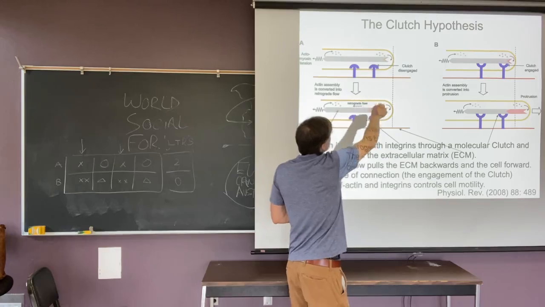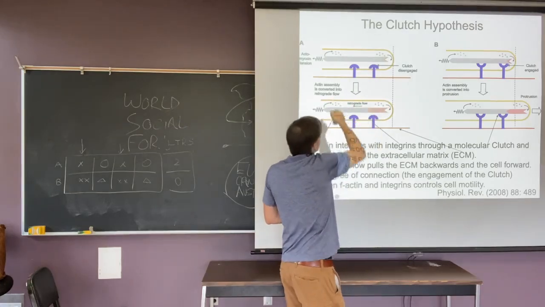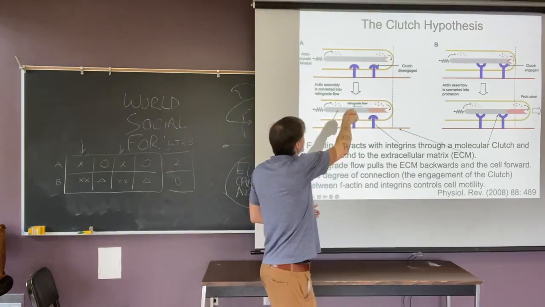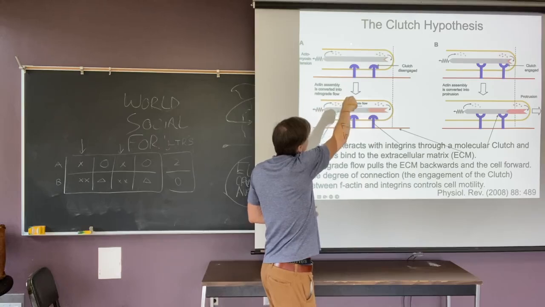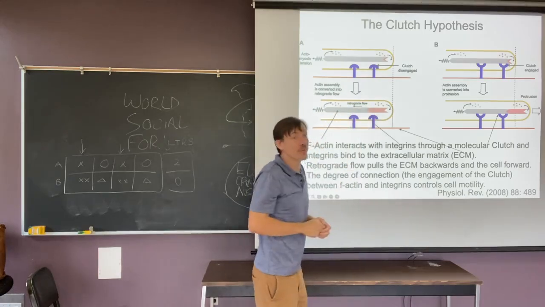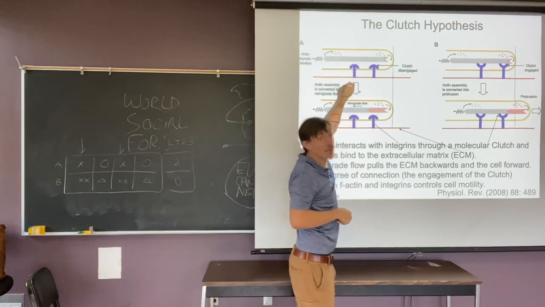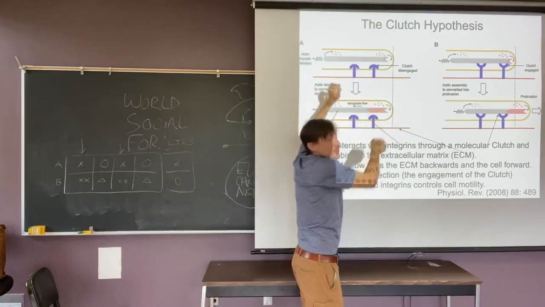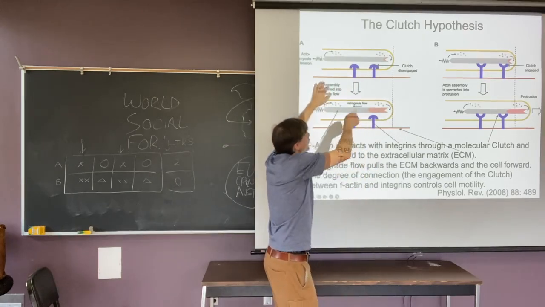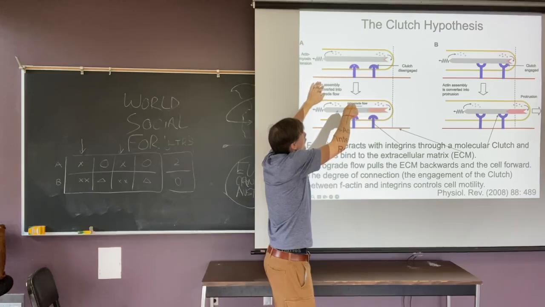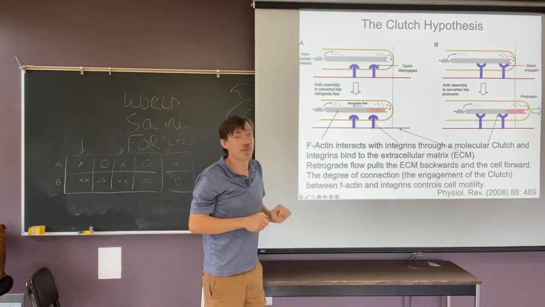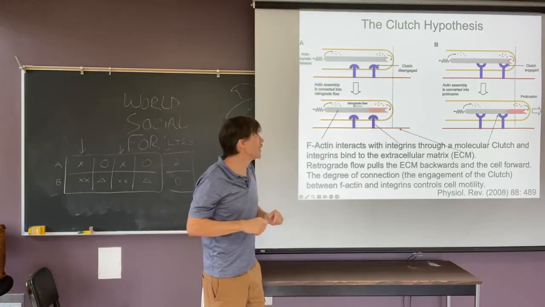We have an actin filament, the plus end's there, the minus end's there. So actin's depolymerizing in the back, repolymerizing in the front, and you have these integrin molecules attached to the extracellular matrix, but you can see there's no connection between the integrins and the actin filament. So the clutch is disengaged.